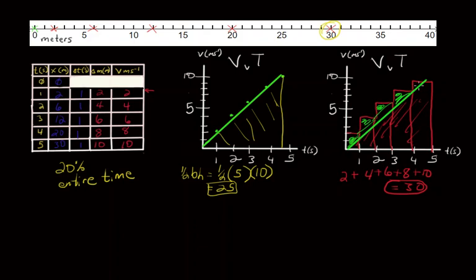So that triangle actually is equal to 1. 1, 1, 1, 1. You add those together, it equals 5. So if I had added that area under there, it would have been 5.